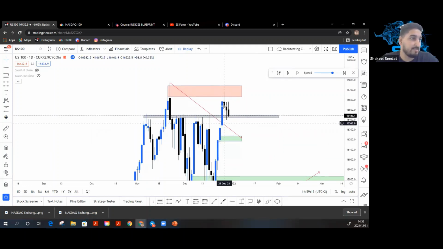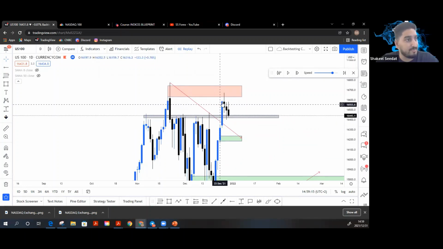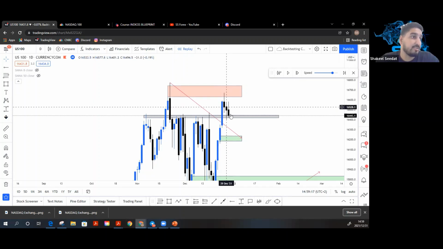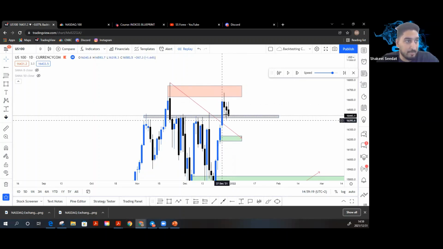Price broke above, closed above, and traded above the resistance, and has now come back and retested it. On the retest, we know that resistance now turns into support. So at this support area, we are looking for buys in the market.